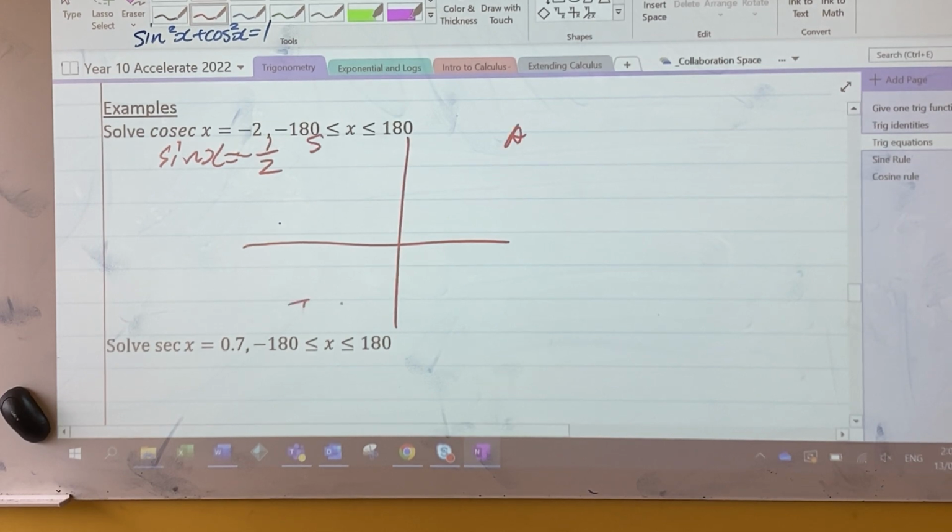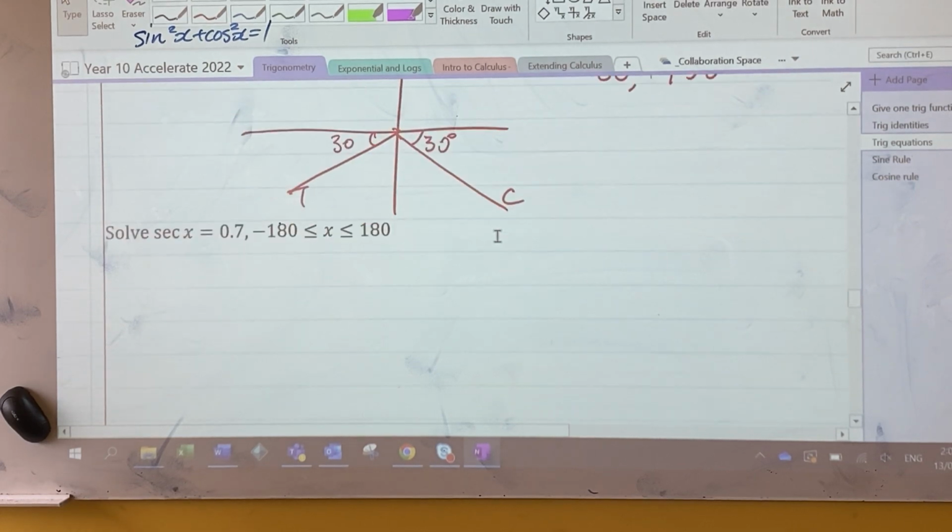I think we did one of those questions earlier. So it's minus 30 and minus 150. Sorry, it's one of the double repeated questions.